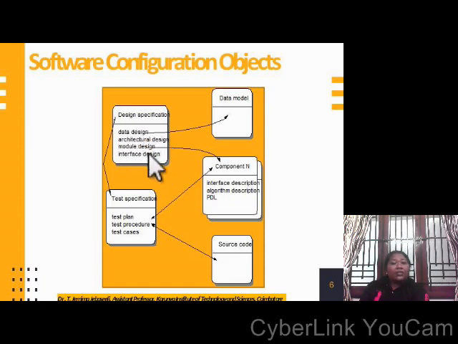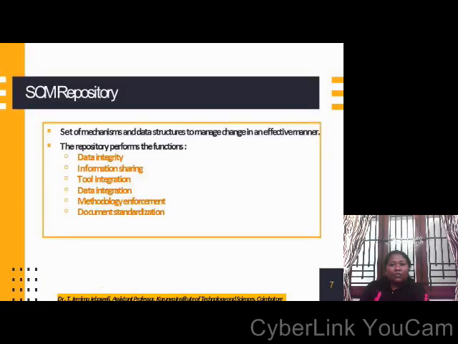The data model can also change, or a component, an interface component, an algorithm, or a procedure. The testing plan and testing procedures will also change, and according to the change requirement the test cases will change, and that will be reflected back in the source code as well. So these are the objects that go through change because of software configuration.